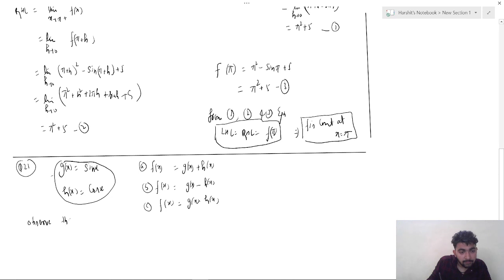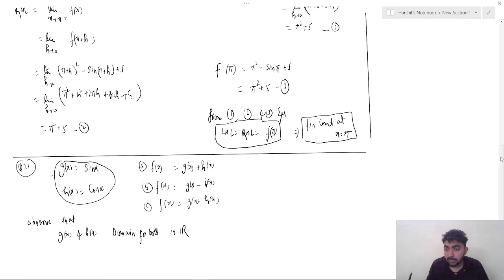Observe that the domain for both functions g of x and h of x is R. Domain for both is complete R.